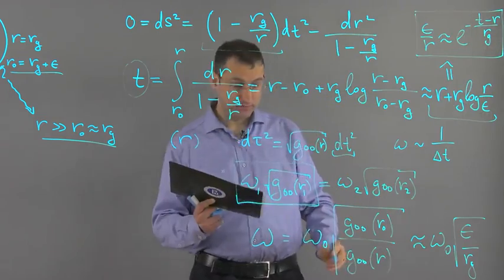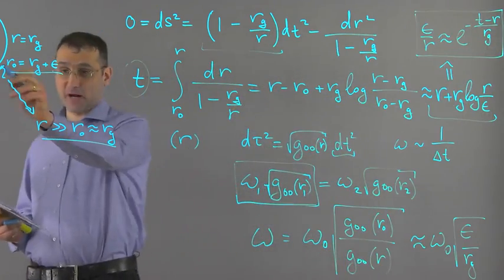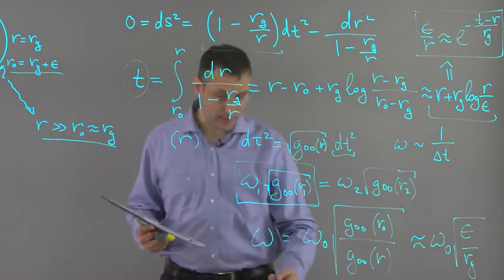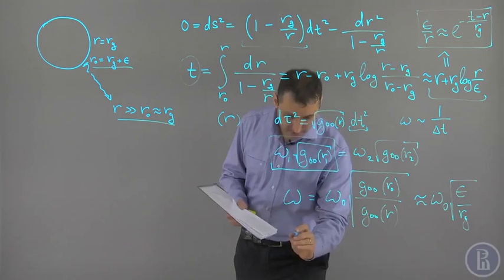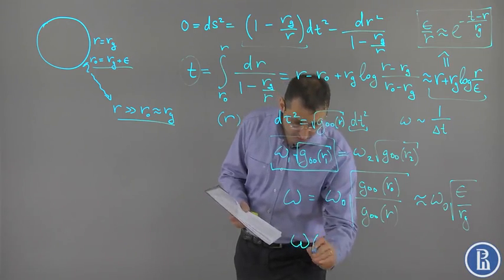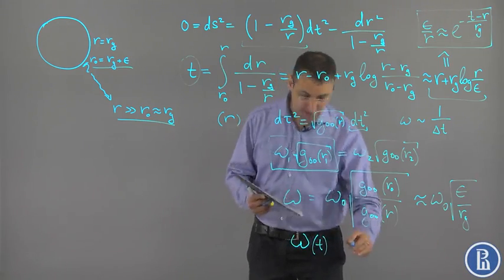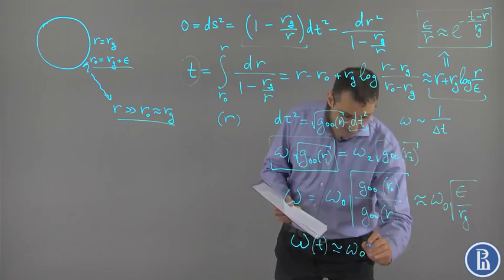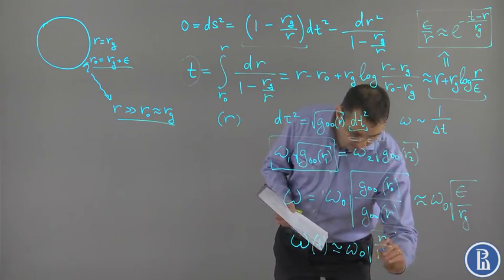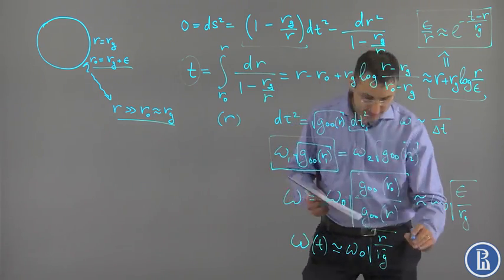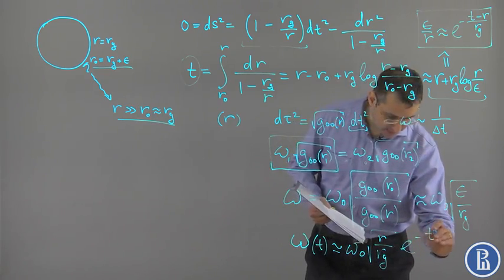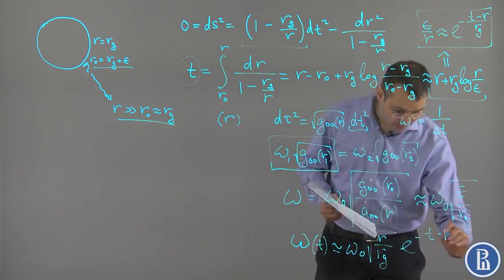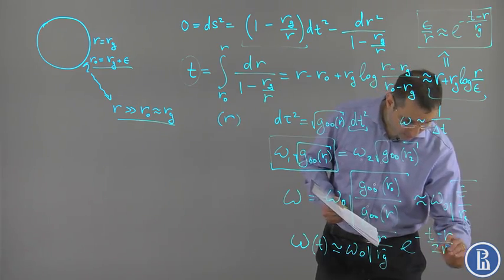As a result, as the wave packet climbs up and time goes by, its frequency behaves according to this law: omega is approximately equal to omega_0 times square root of r divided by r_g times the exponent of minus (t minus r) over 2r_g.